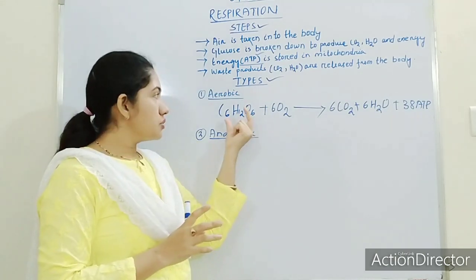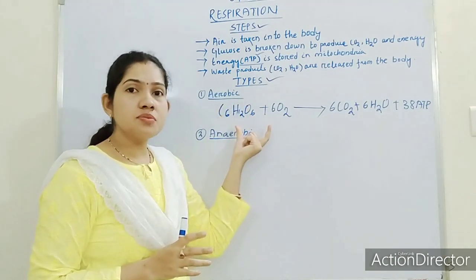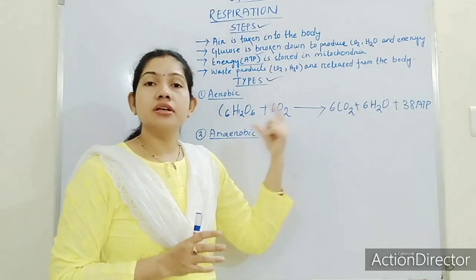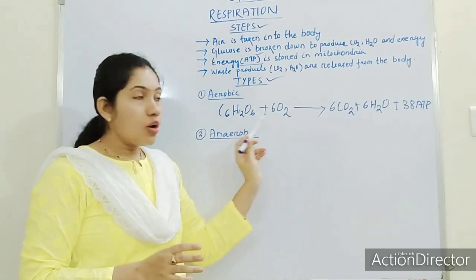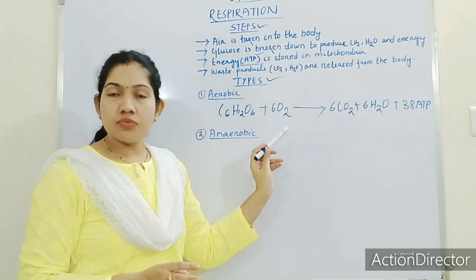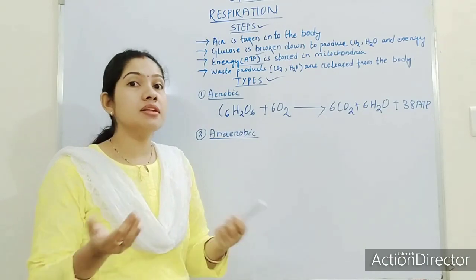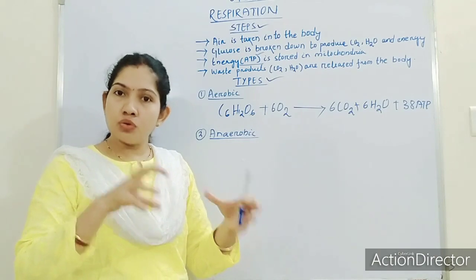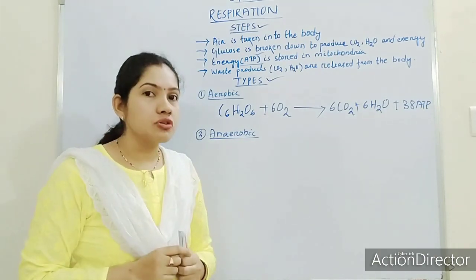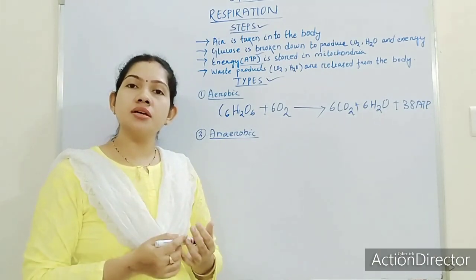Okay, so in aerobic respiration, we can write the equation as glucose breaks down in presence of oxygen. From where do plants get glucose? They make glucose by undergoing photosynthesis. Animals, from where do they get glucose?